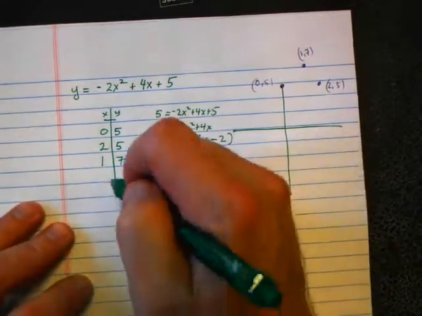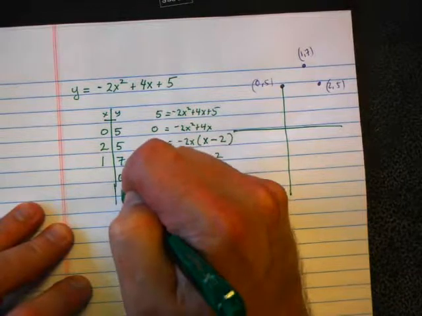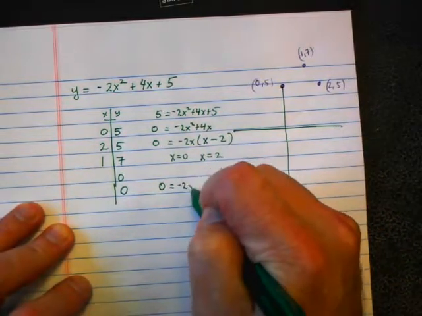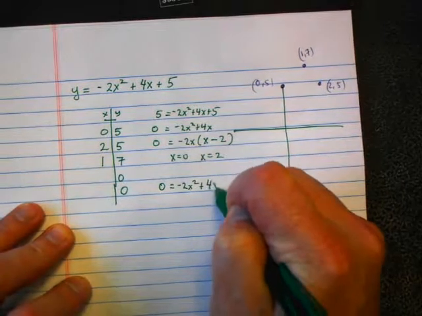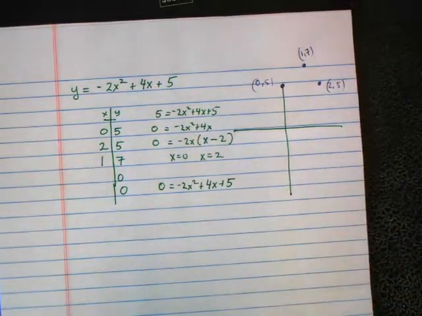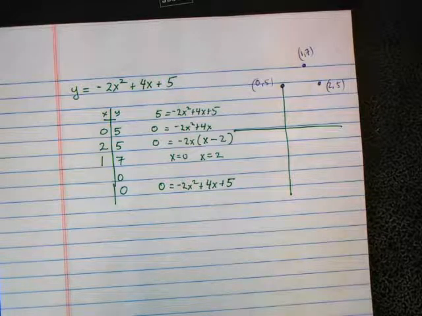And then finally, I want to find my x-intercepts. So I plug 0 in for y. I have 0 equals negative 2x squared plus 4x plus 5. All right, once again, I need to make a decision. Do I want to try to factor that? I could. Usually I don't.